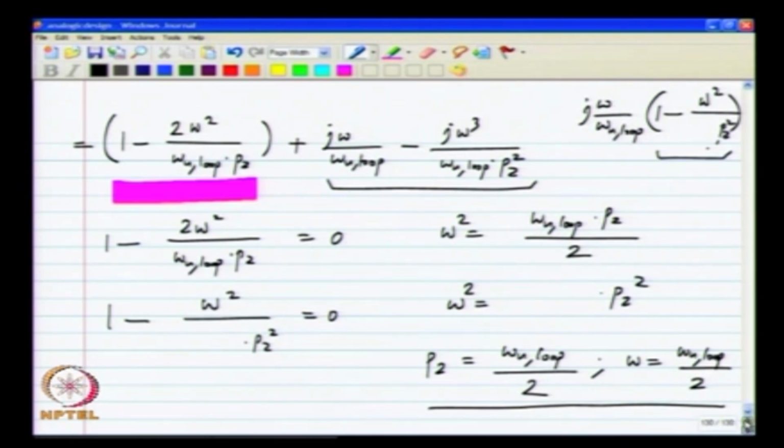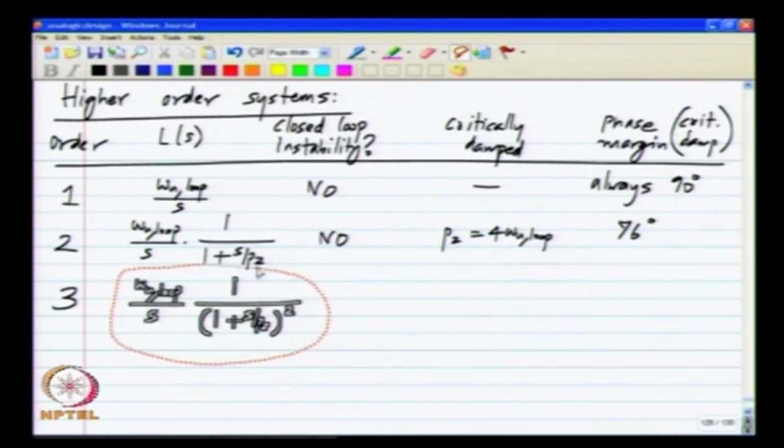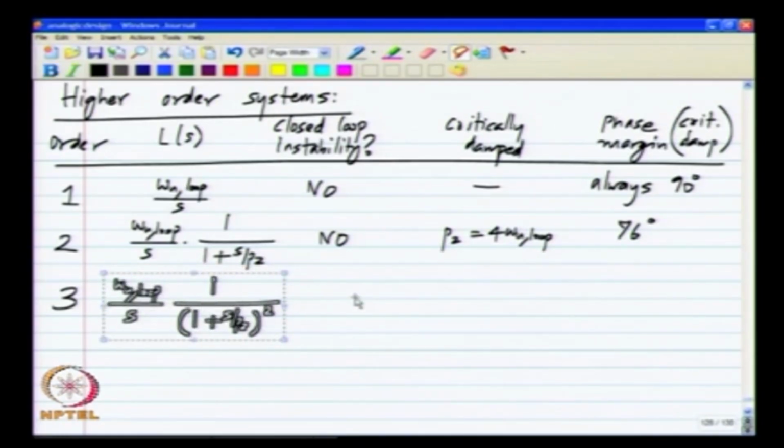So, what this means is that there can be closed loop instability if p 2 equals omega u loop divided by 2, and I will not show the other analysis here. It turns out that if p 2 is more than this, the poles will be definitely in the right half plane.